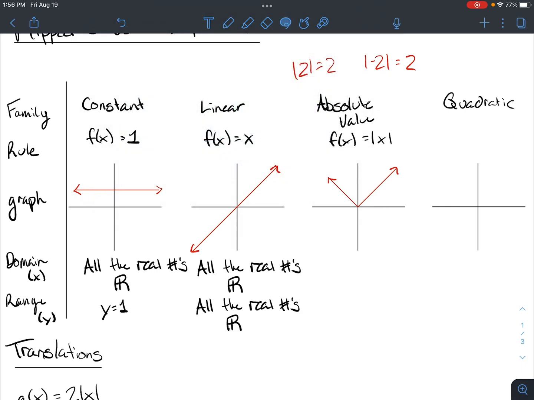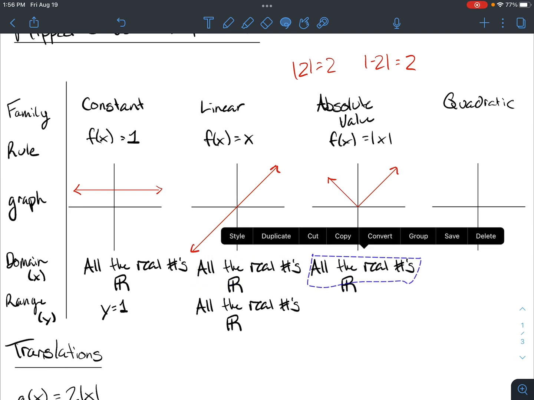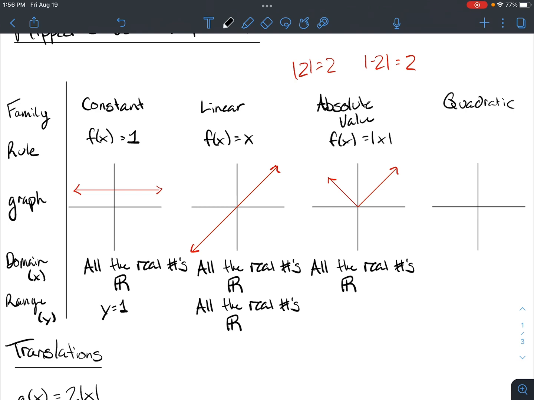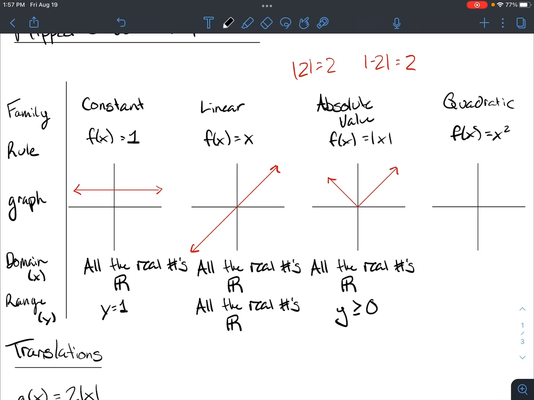Now, as you can see with the x's, our domain is still going to be all the reals, but in this case, the y's, with the parent function, are always going to be greater than or equal to 0. You never see anything on the bottom side. And lastly, our quadratic is going to be something of the form of x squared, and it's going to look like a parabola.